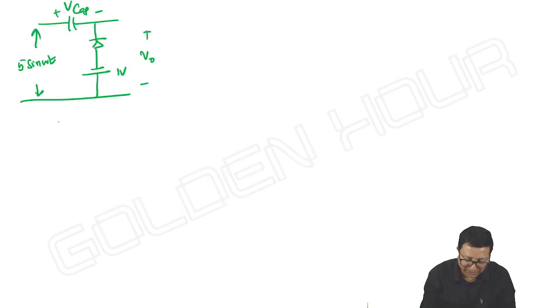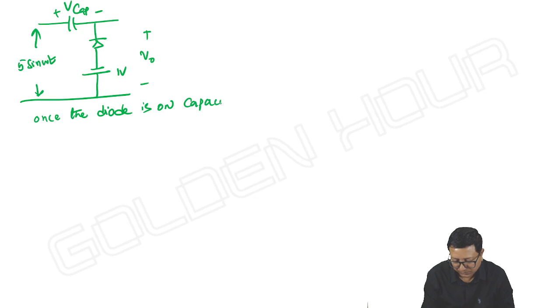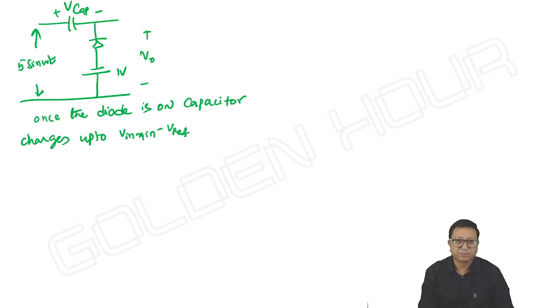So here I am directly writing the statements like, once the diode is on, the capacitor charges up to input minimum minus V reference. What is input minimum, friends?